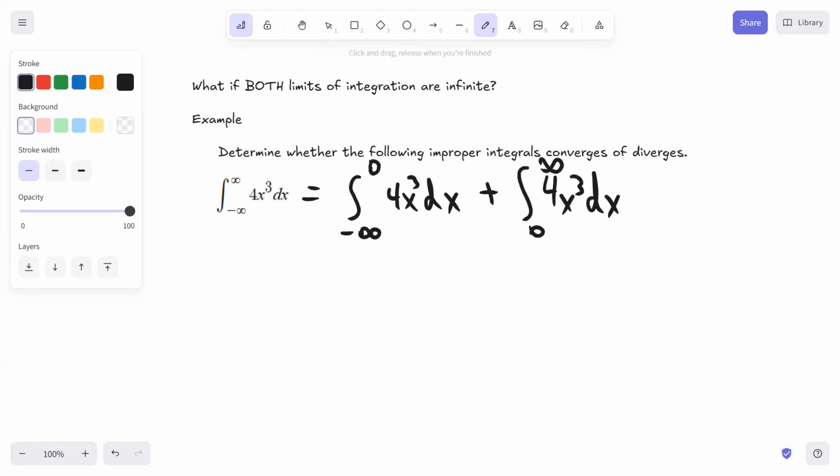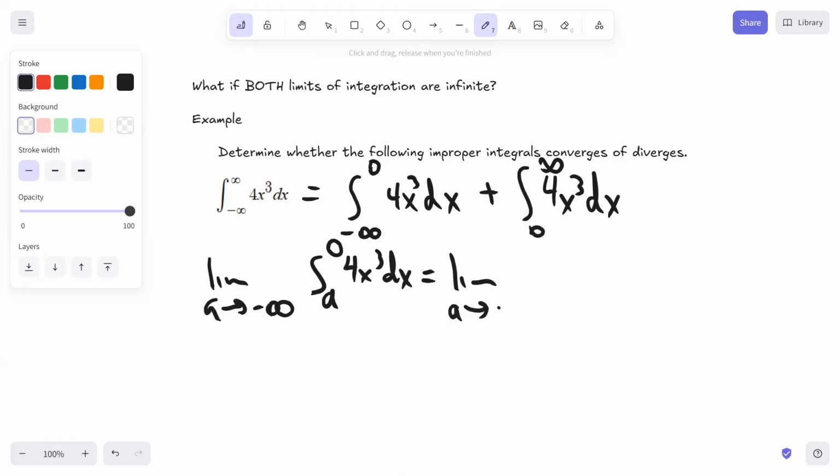So then we could rewrite this first integral as the limit as a approaches negative infinity of the integral from a to 0 of 4x cubed dx, which is the limit as a approaches negative infinity of x to the 4th from a to 0.